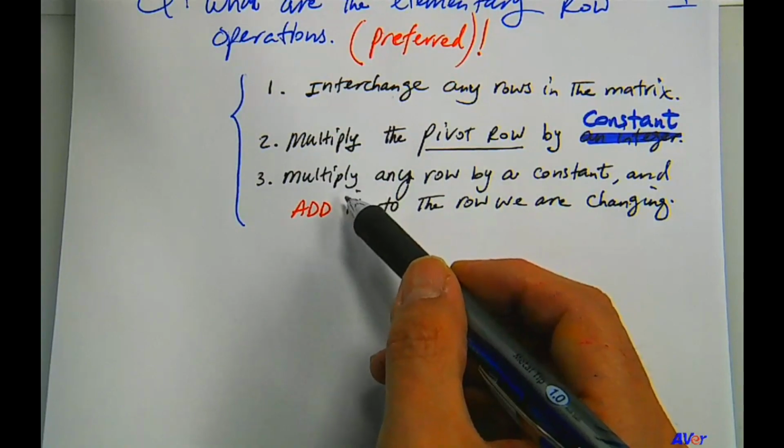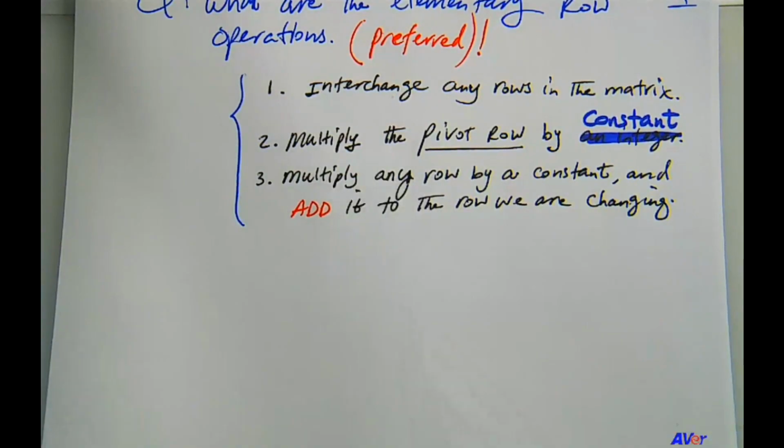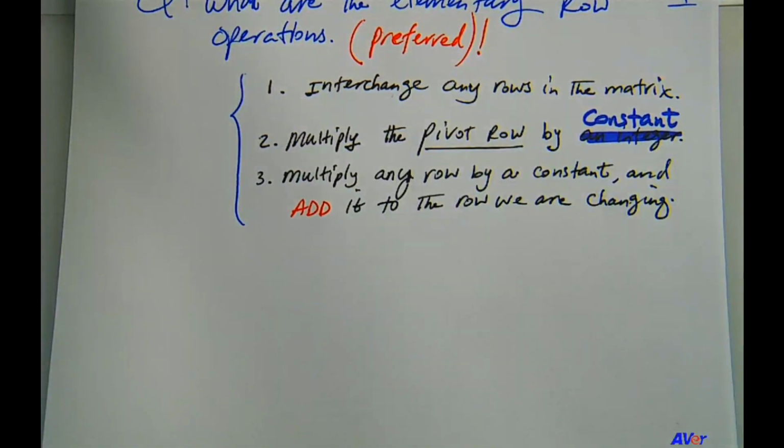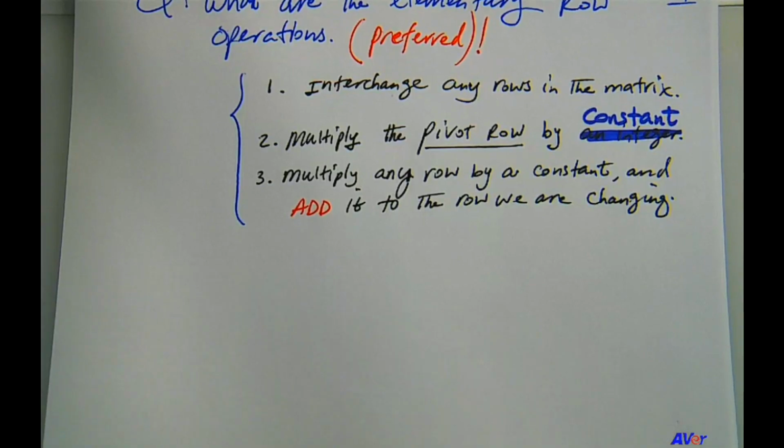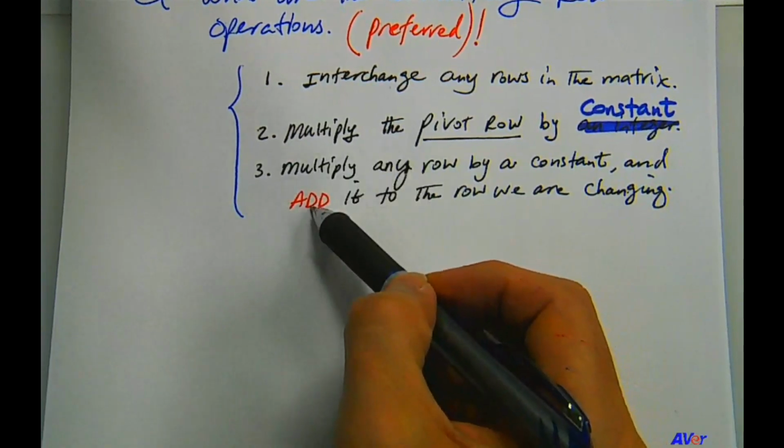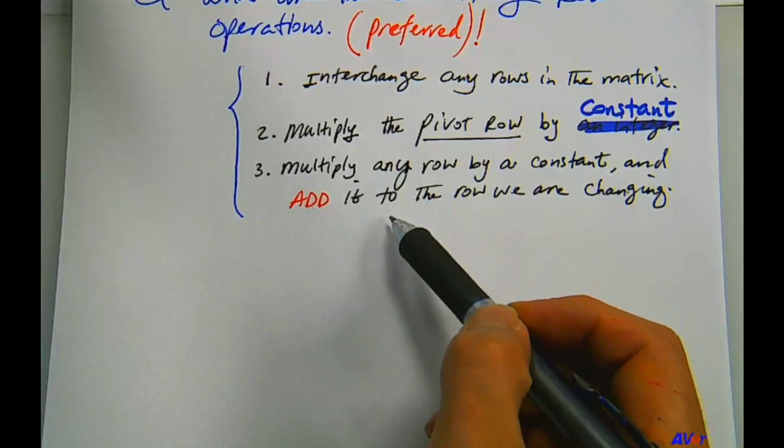Can you subtract rows to get the numbers you want? Yes, you can. But it causes a lot of trouble for many of you. So I don't want you to subtract. I want you to stay safe and get the correct answer. Subtraction causes a lot of problems because of the distribution of the negative symbol into many numbers. So let's stay away from subtraction and just add one row to the next.